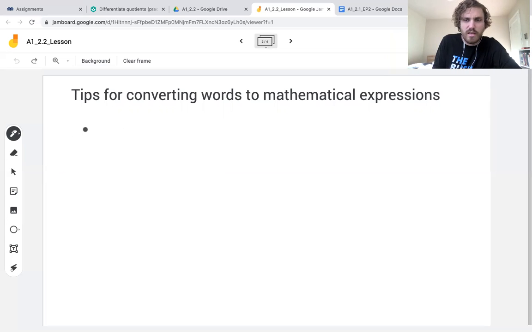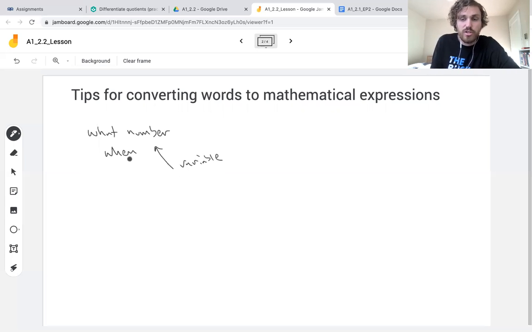The first is that when you see things like what number or when, these are usually your variable. So you can choose whatever your variable is, but often the variable that we choose to represent something like what number is x.